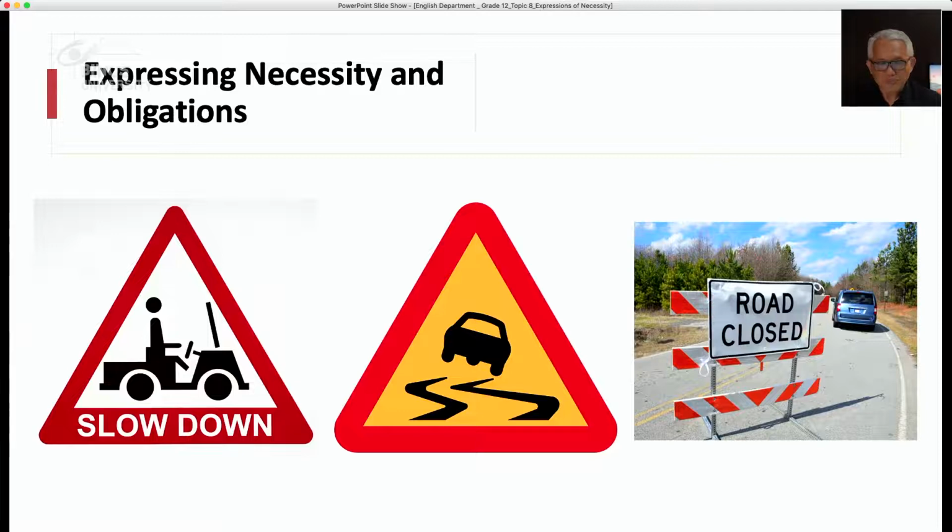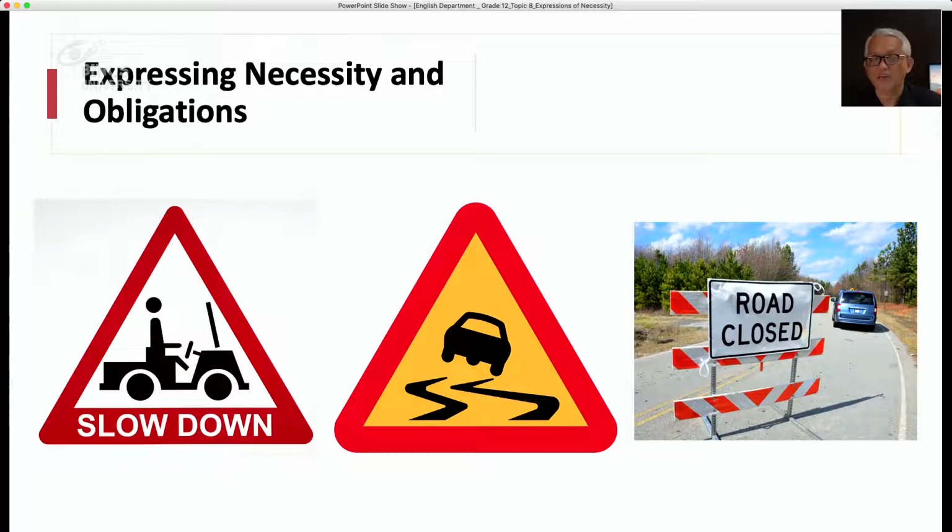Okay, now let's have a bit of practice here. If you drive, if you ride, or you use public transportation, you may have seen this on the side of the road. You see a sign stating slow down, and you are sitting next to the driver who happens to be a family member or even your friend, and he doesn't see this, and he doesn't want to slow down.